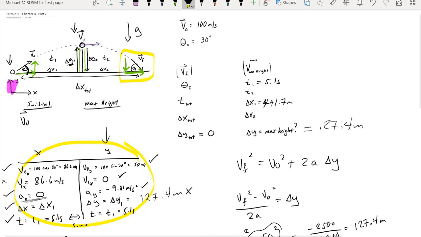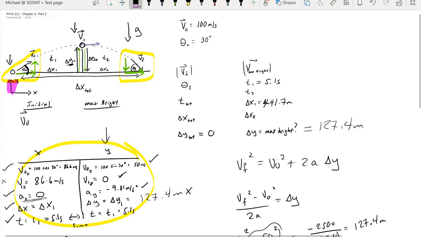But I need something else that I can use to calculate from, and that means I can either go back and use that initial information, or I can use information from the maximum height. Well, what I'm going to do is use the information from the initial location because that was given information.